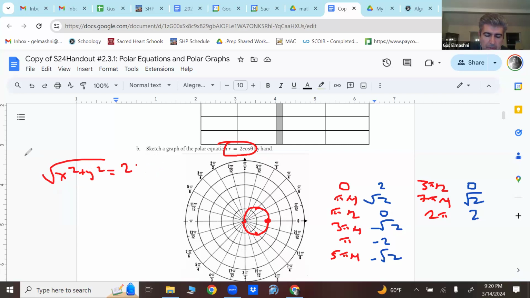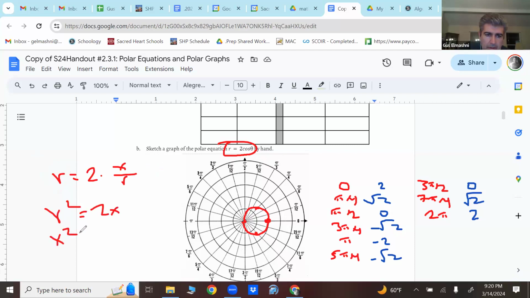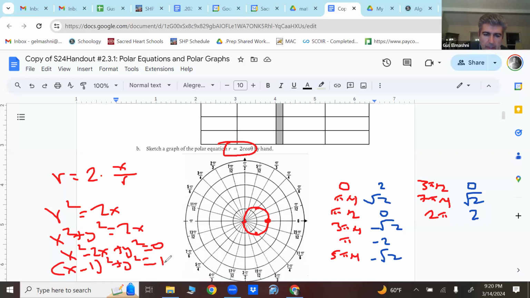So then r squared equals that, and that ends up becoming a circle like this. You can complete the square.